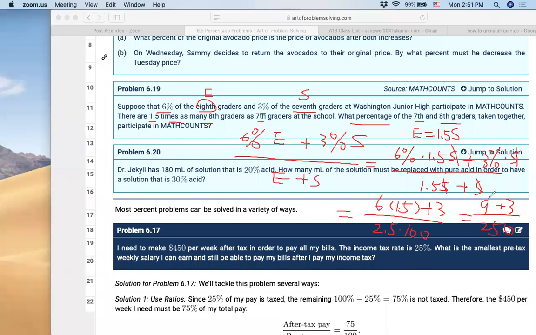Now simplify: 6 times 1.5 is 9, 9 plus 3 is 12, so 12 over 250.